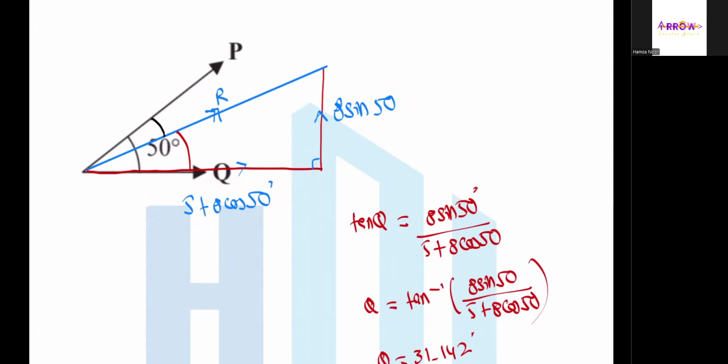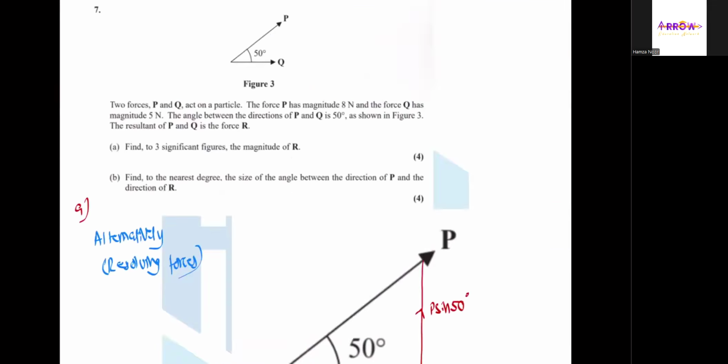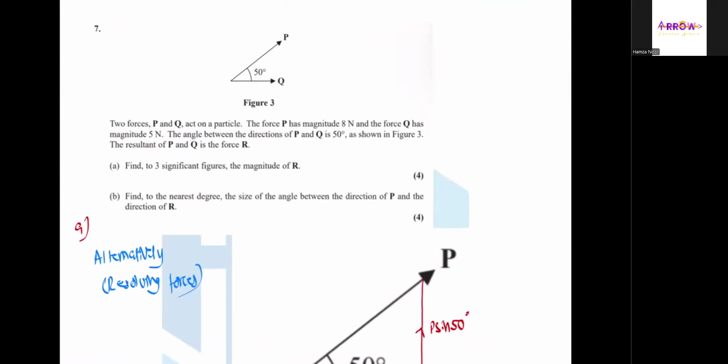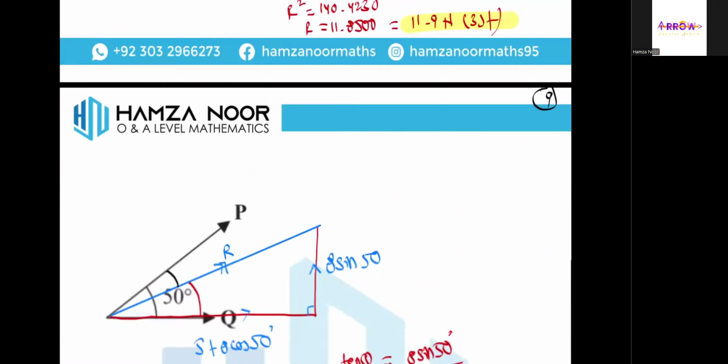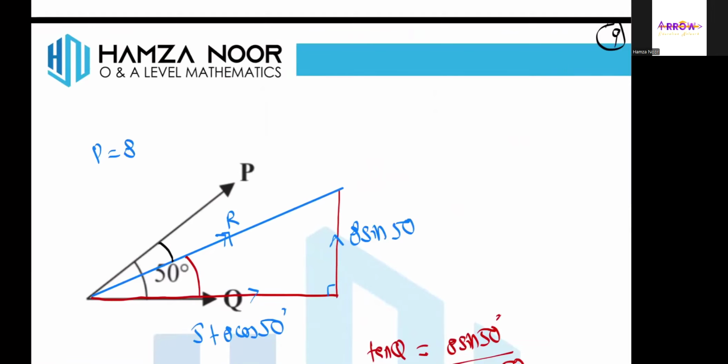So what I need you to understand is, what is 5 and what is 8? 5 was basically the magnitude of Q, and 8 was the magnitude of P. P was equal to 8, and Q was equal to 5 as per the information of the question.